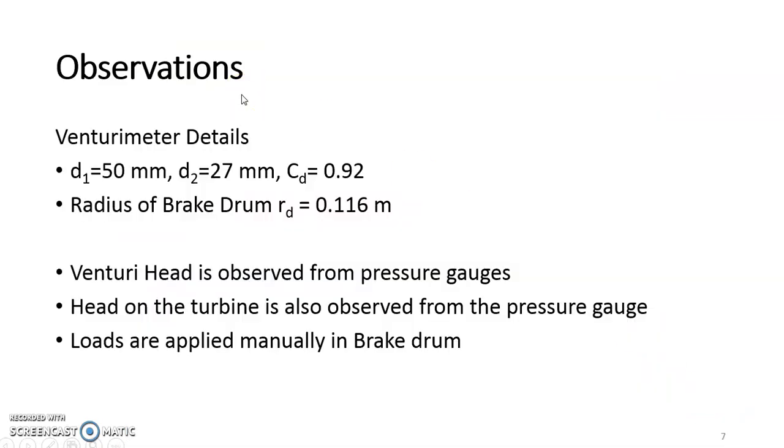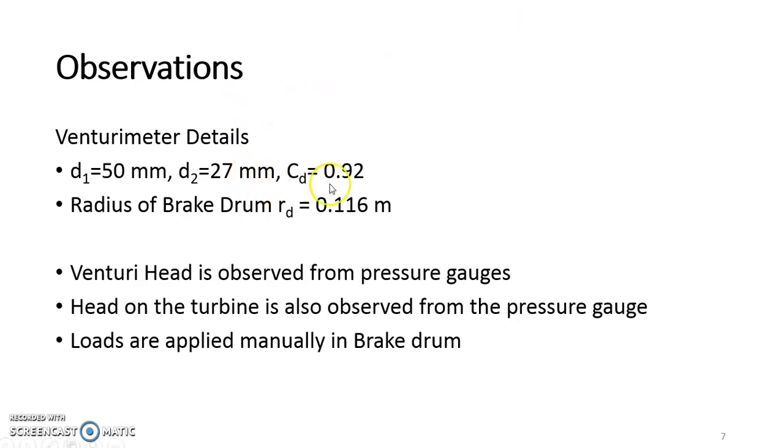Okay, the observations. There are certain venturimeter details like diameter at inlet and diameter of the throat. They're given here, and the moment D1 is given, we can calculate area at inlet and also area at the throat.